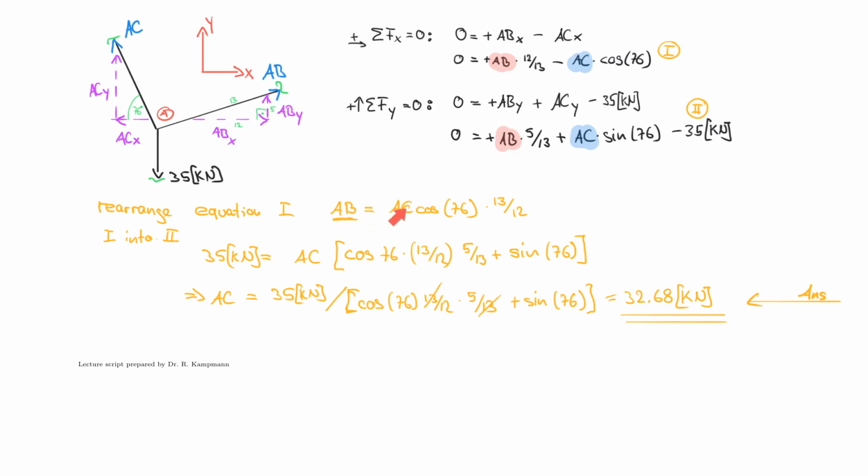And now I have the answer to AC, which I can now substitute back into my original equation 1, which then will give me AB. So what I'm going to do next is I'm going to take this value and substitute it back into here, which then means that I have 32.68 times cosine of 76 multiplied by 13/12, and that actually gives me a value of 8.564.